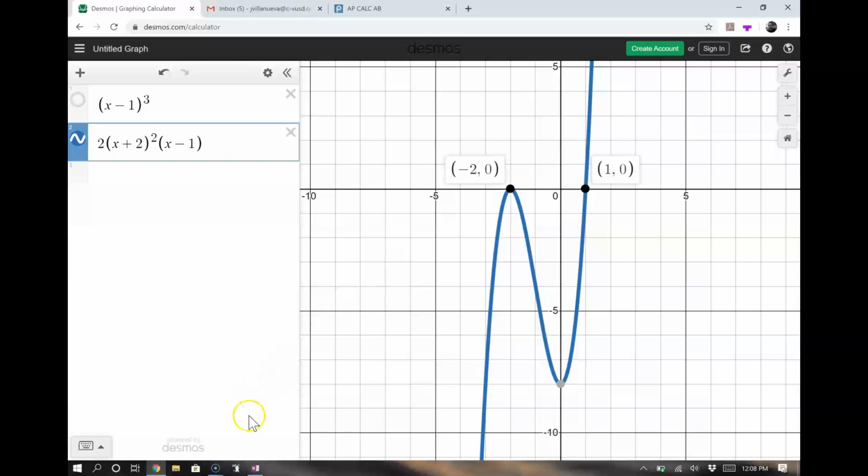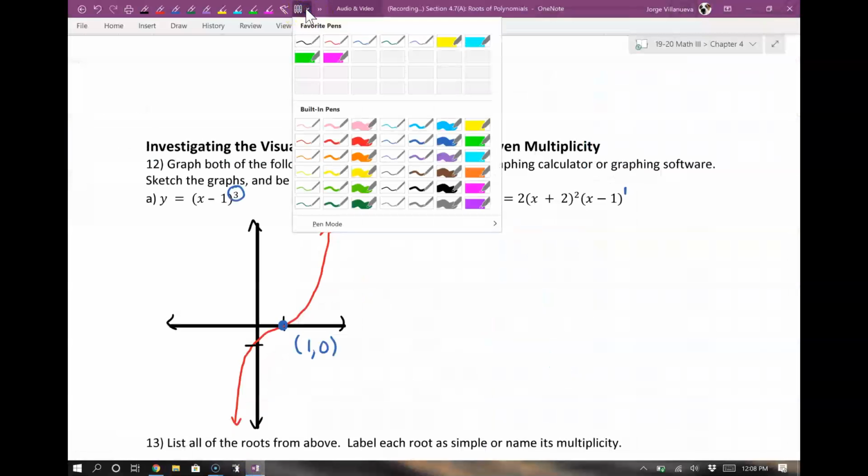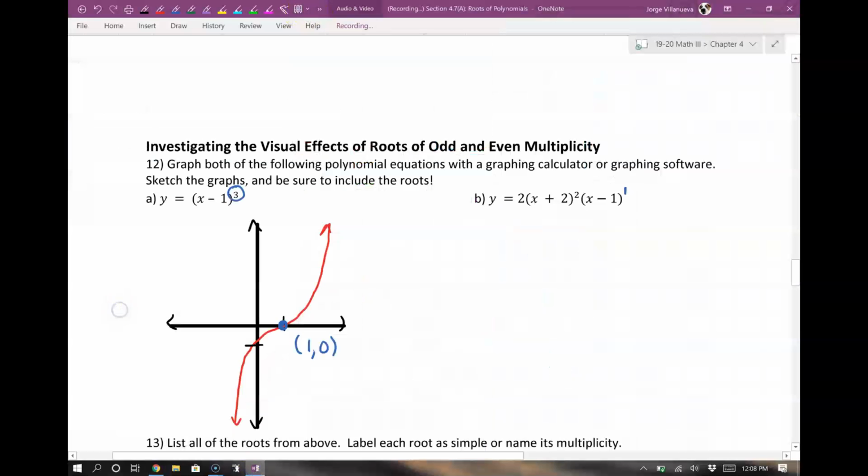So let's go ahead and graph this really quick. Let's see, where is it at? That and that. Just a quick one, nothing amazing or anything like that.